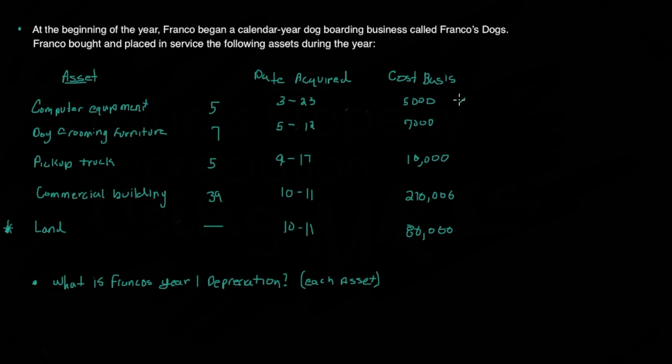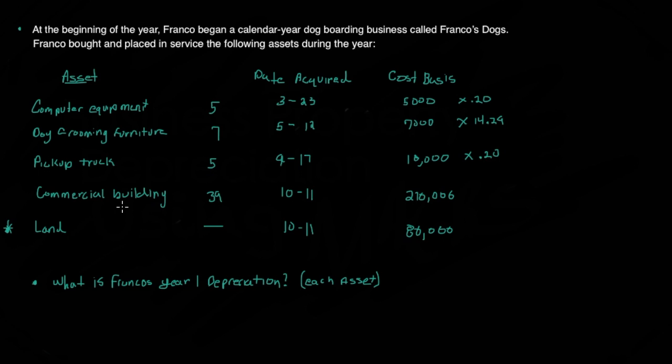We're going to multiply by 0.20 and 14.29. Since computer equipment and pickup truck are both 5 years, they use the same depreciation percentage, 0.20.